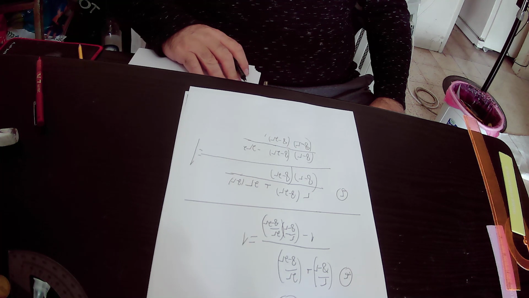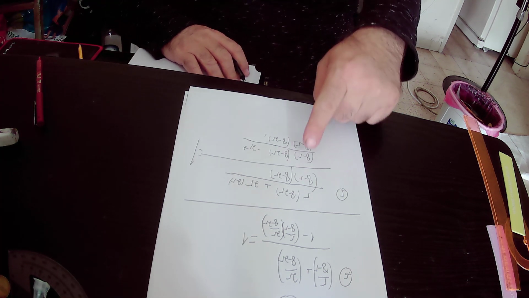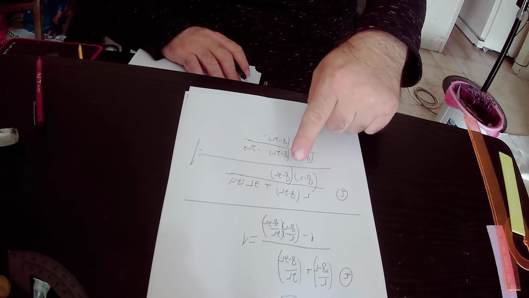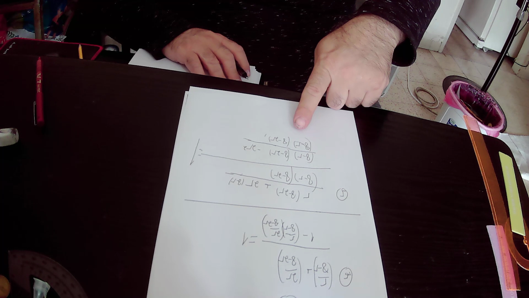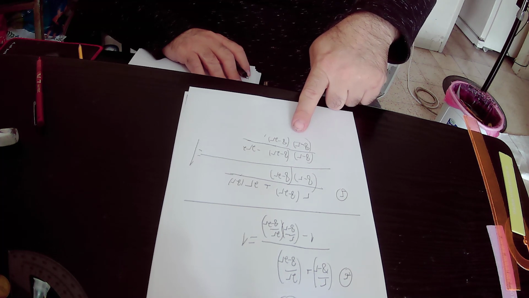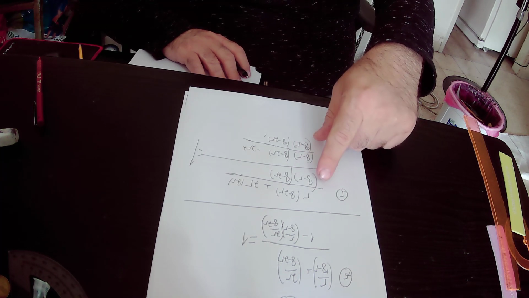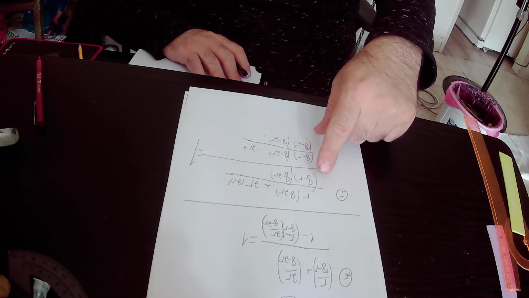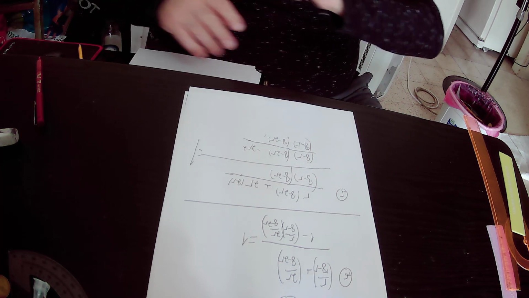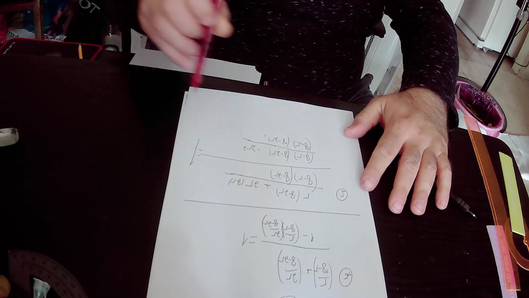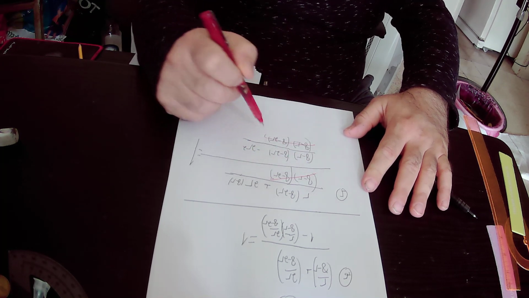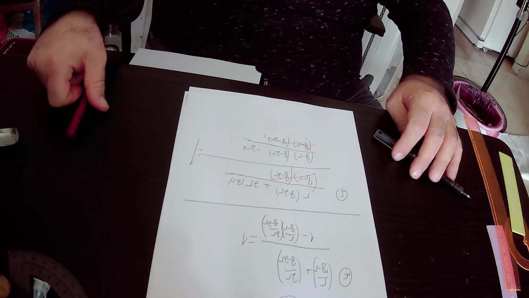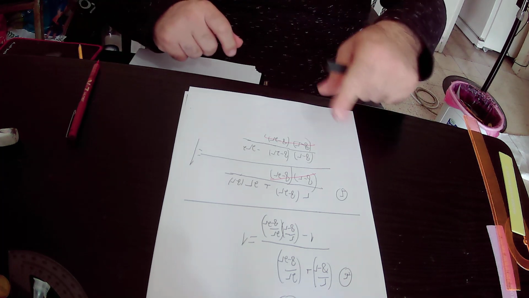Here we have 8 minus R times 8 minus 2R, and we have the same expression here, so those two expressions will get cancelled. What is left after we cancel those two expressions?